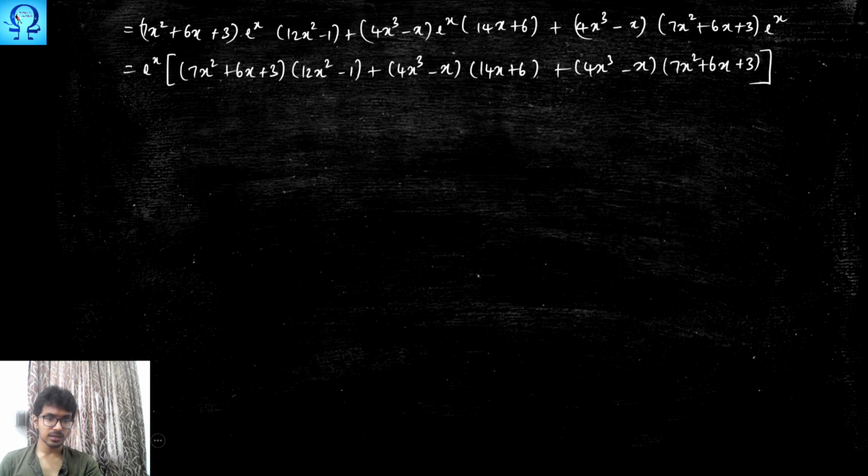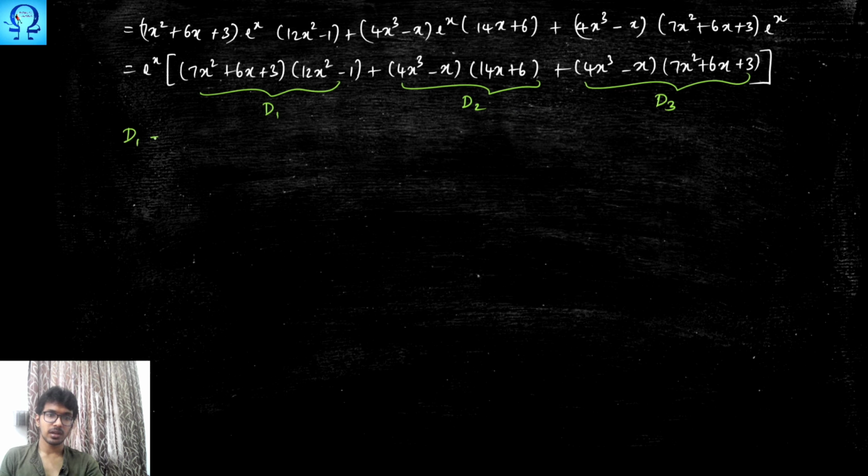Okay, as of now, I'll take this as my part D1, I'm just naming them. Let me take this as D2 and this as D3, and let me calculate these things separately.